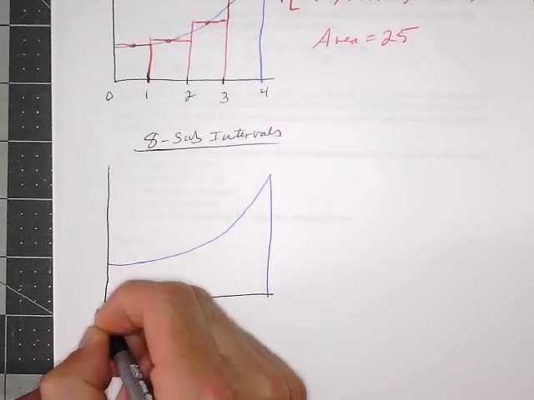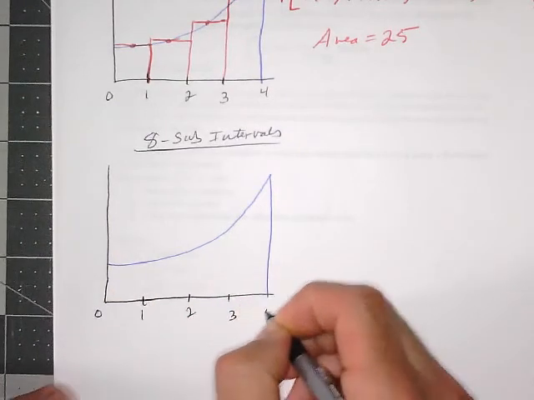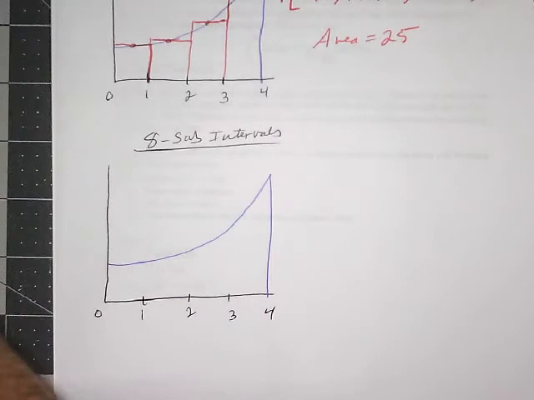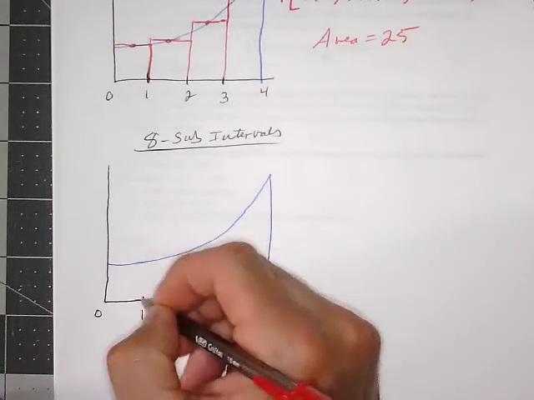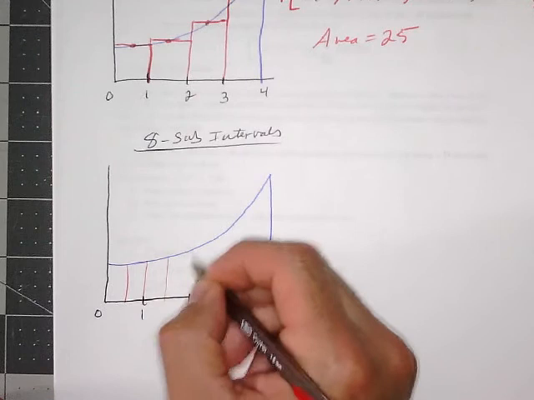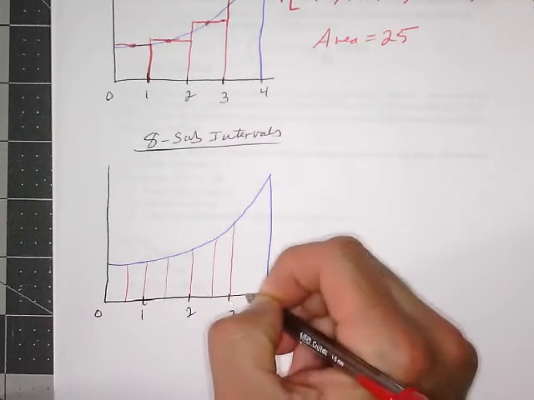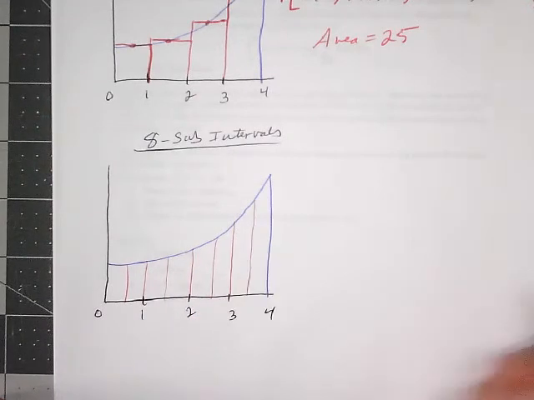Eight subintervals gets kind of crazy. 0, 1, 2, 3, 4. So for each of these subintervals, we had 1, 2, 3, 4, 5, 6, 7, 8.